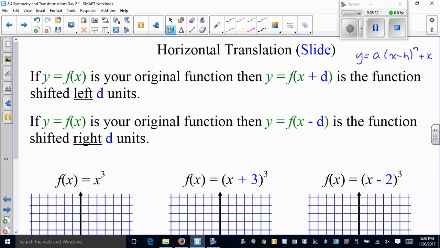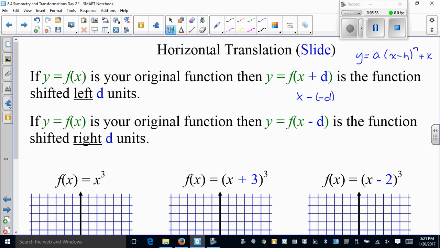This h value is going to move it left and right. They're using d, probably because the book uses d. But I want to point out it's a horizontal movement, and it's opposite because it's x minus. The formula says x minus. So this guy here moves to the left because it's x minus a negative d. There's your movement.